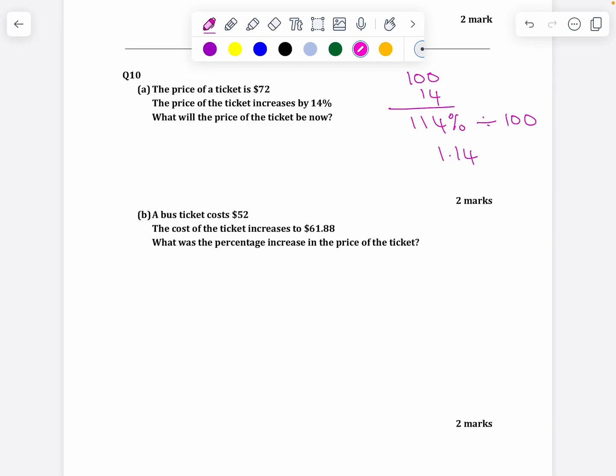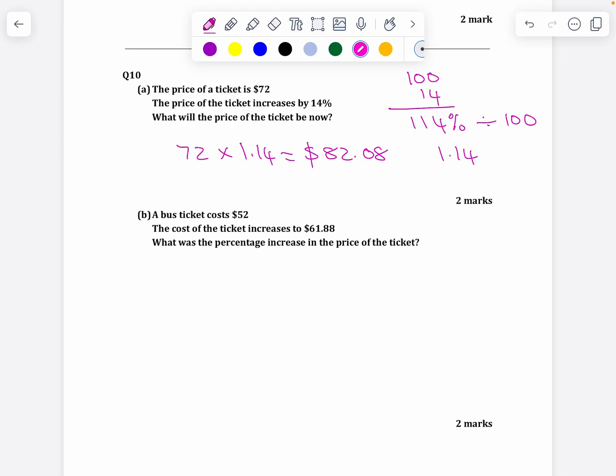So to do a 14% increase, we're going to multiply by 1.14. So $72 times 1.14. Again, grab your calculator and do it on there, and you get $82.08.